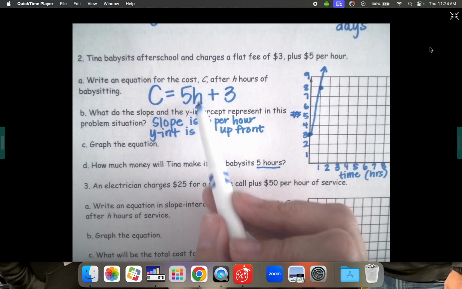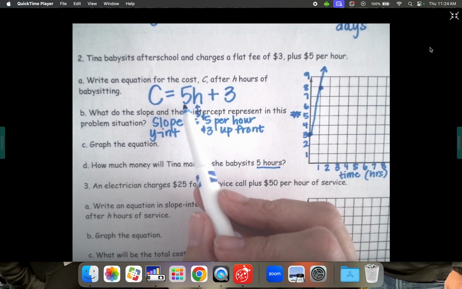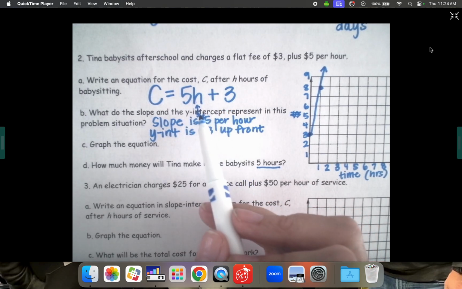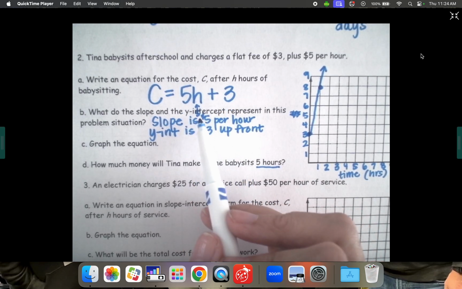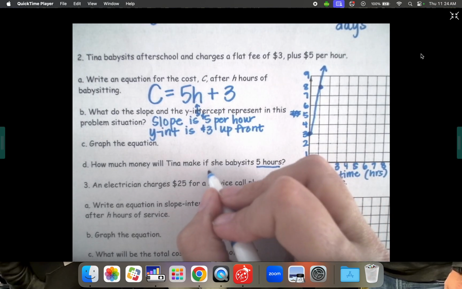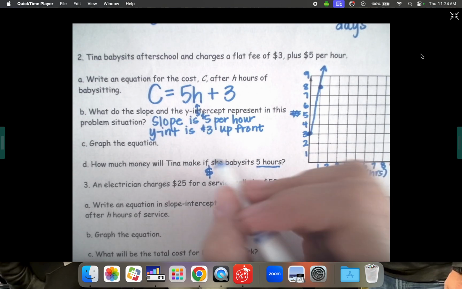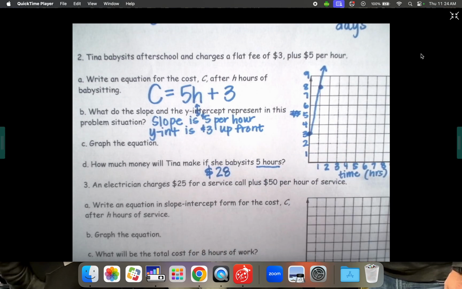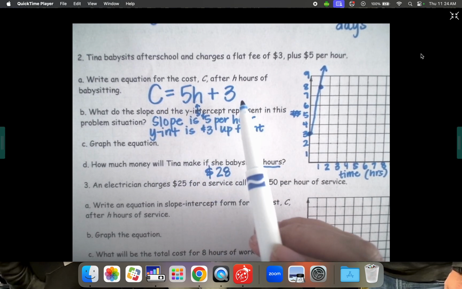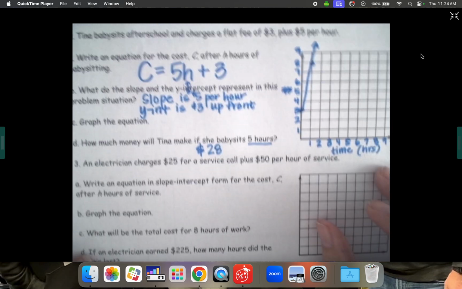So we're going to do 5 hours times $5 per hour plus the 3 that she made to start off with. So 5 times 5 is 25 plus 3. 25 plus 3 is 28. I can do math, it's okay. $28. So in 5 hours, she would make $28. 5 times 5 is 25, 26, 27, 28.